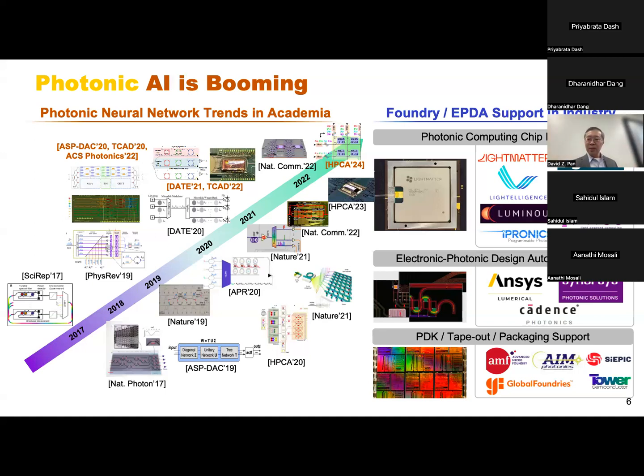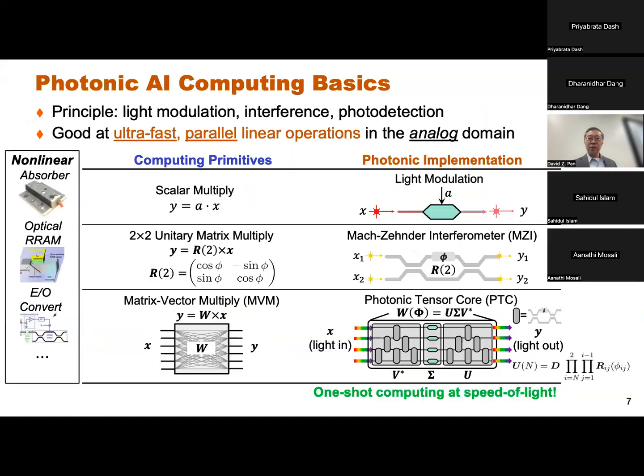Okay. So, yeah, let me just give you a little bit of basics for photonic AI, right? So that you kind of see how it works. So in photonics, the basic devices, there are all kinds of devices like resonators and so on and so forth. Basically, if you want to do scalar multiplication, you can implement it in photonics.